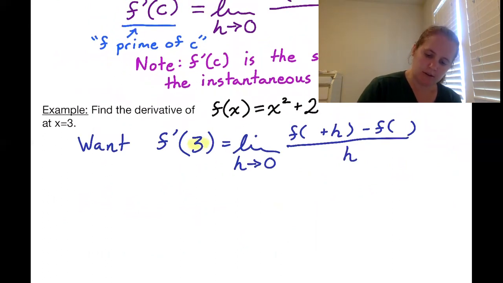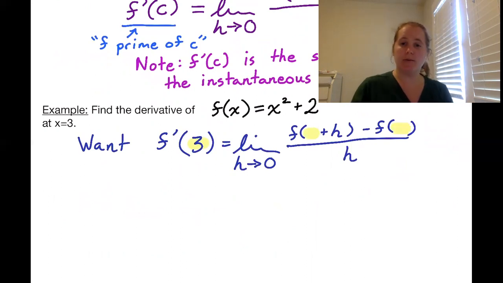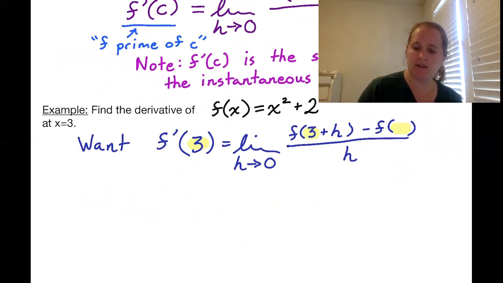The thing that goes in all those blanks would be that 3, since we are looking for f prime of 3. So we will have a limit as h goes to 0 of f of 3 plus h minus f of 3 all over h.